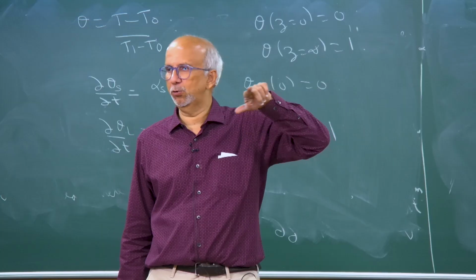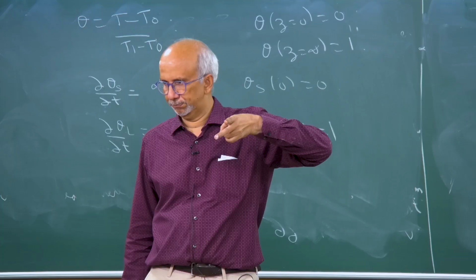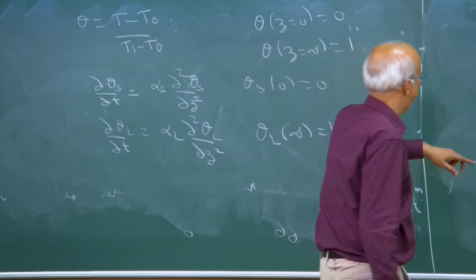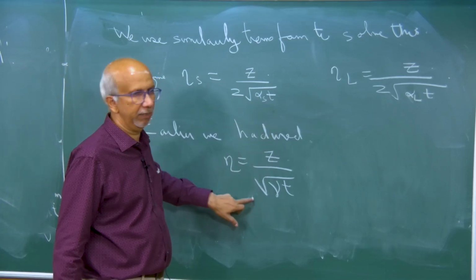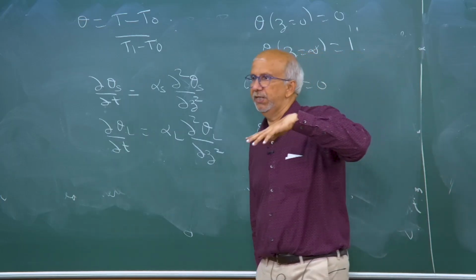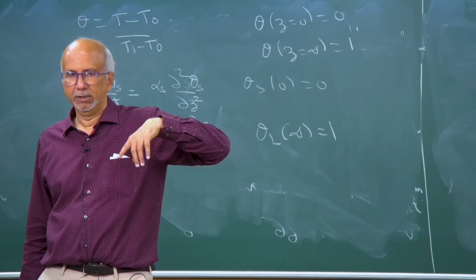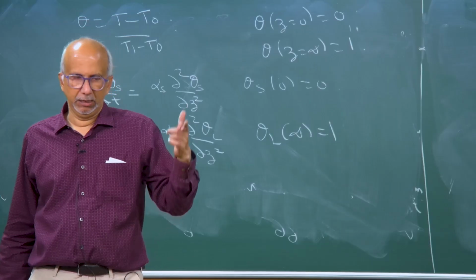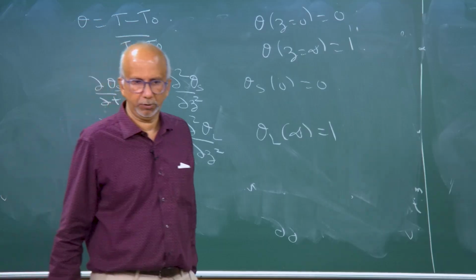I want you to do exactly what we did, convert this partial differential equation to eta, because I do not want to do it now, I mean the next class, but I want you to follow the same steps as what we did in this earlier problem, but with this extra 2, and tell me what is the differential equation in terms of eta. You just have to do whatever I did earlier, and then once you tell me what the equation is with respect to eta, then I will tell you how to solve. Thank you.